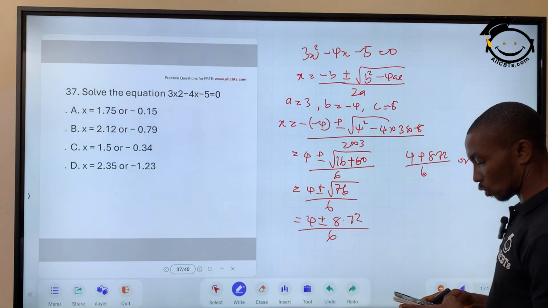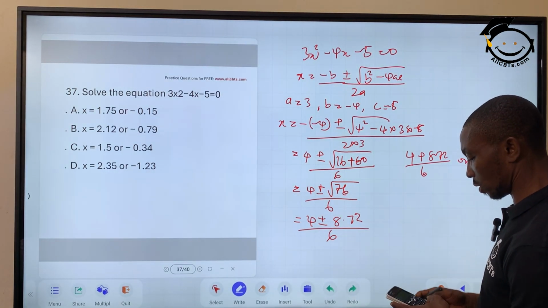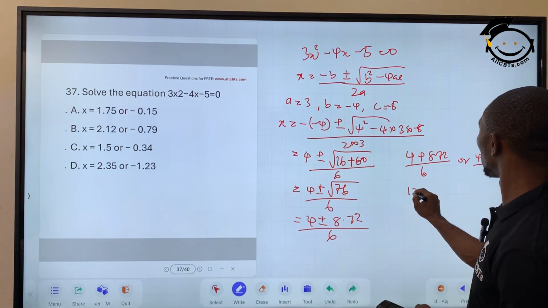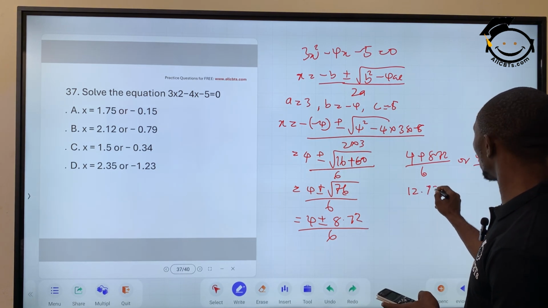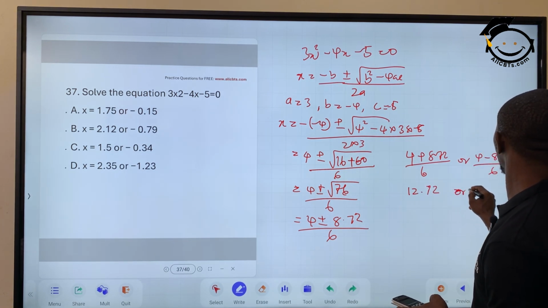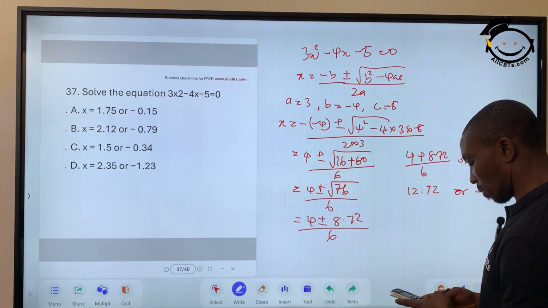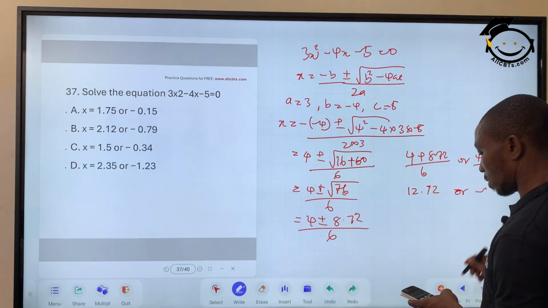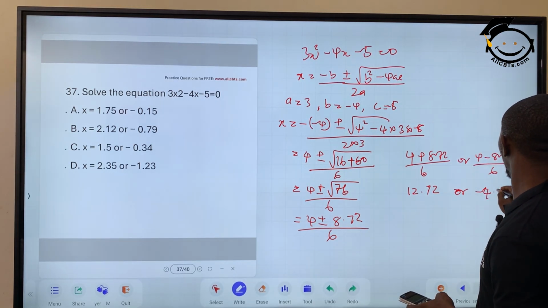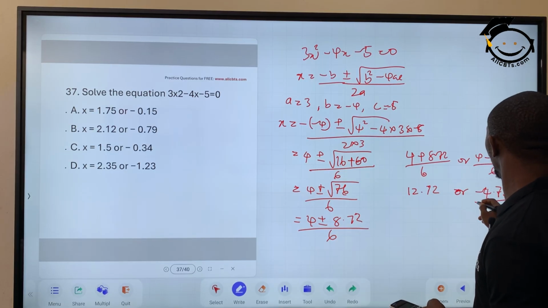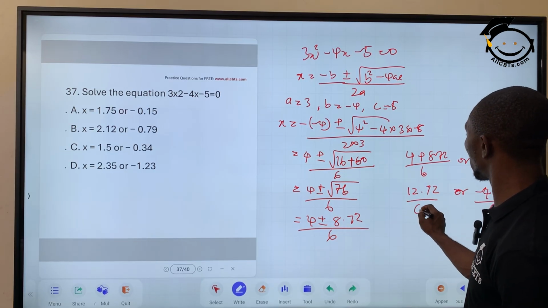So 8.72 plus 4 would give us 12.72, and this will give us, 4 minus 8.72, minus 4.72 all over 6.